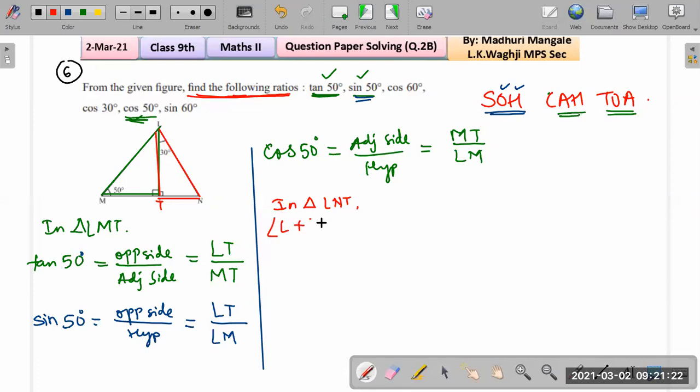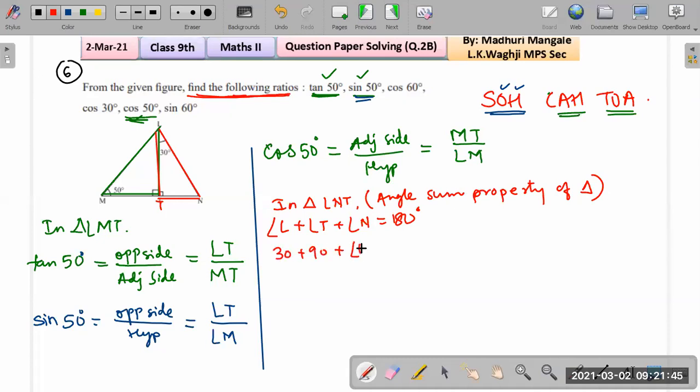Angle L plus angle T plus angle N equals 180 degrees. This rule is the angle sum property, or angle sum theorem of a triangle. That means the sum of all angles of a triangle is 180 degrees. Just substitute and solve. 30 plus 90 plus angle N equals 180 degrees.